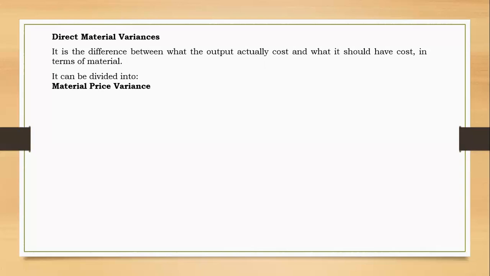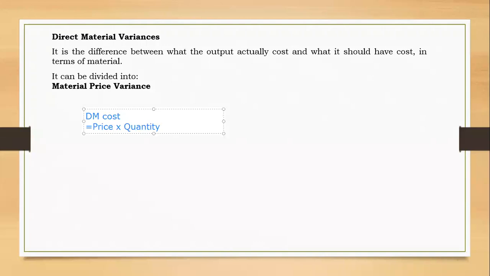I could just start with this point here. When speaking of direct material cost, how would we get this? Direct material cost is equal to price multiplied by quantity.